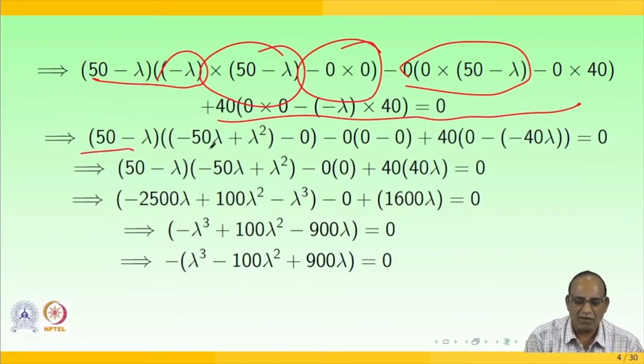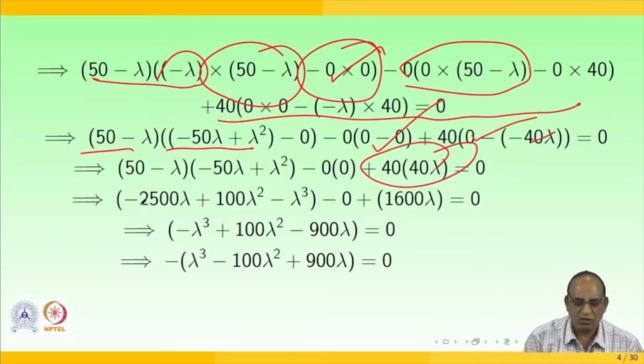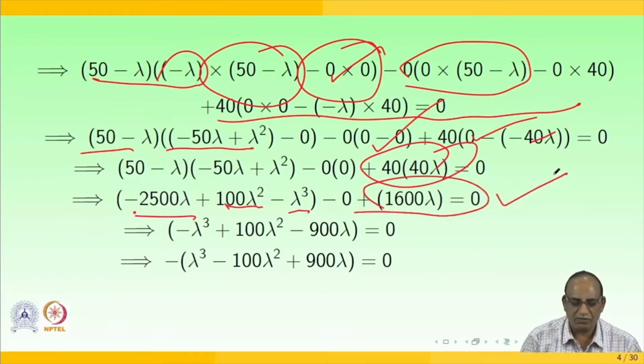Similarly, from this 50 minus lambda we get minus 50 lambda plus lambda square, and the other terms are anyway 0. Then 40 into minus 40 lambda, minus minus is plus. So you will have minus 2500 lambda plus 100 times lambda square minus lambda cube plus 1600 lambda equal to 0.